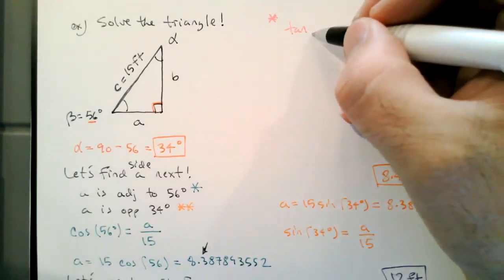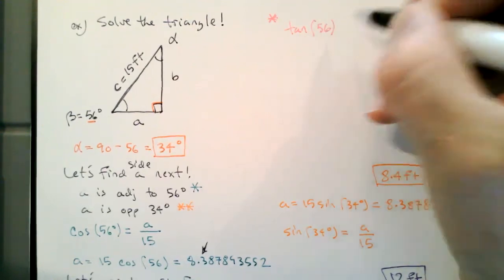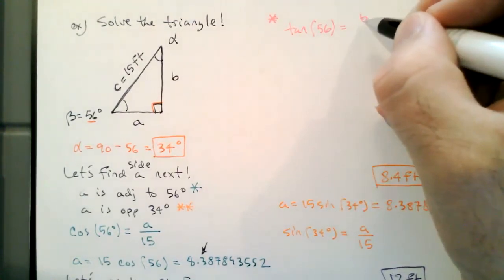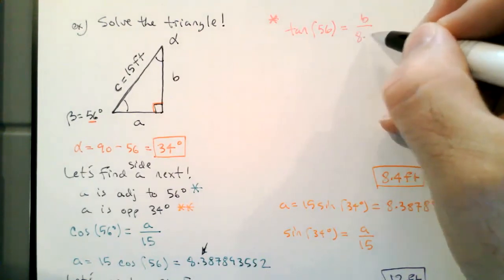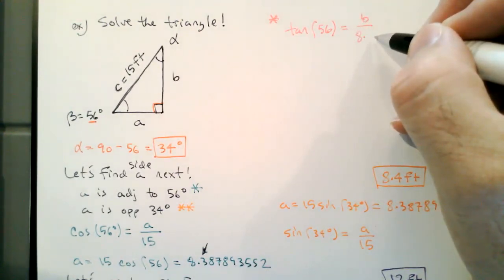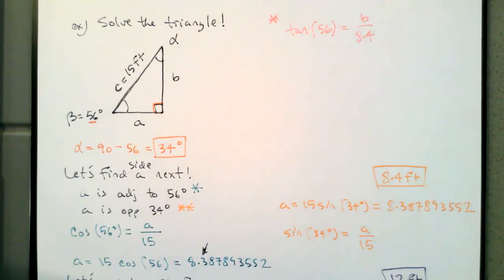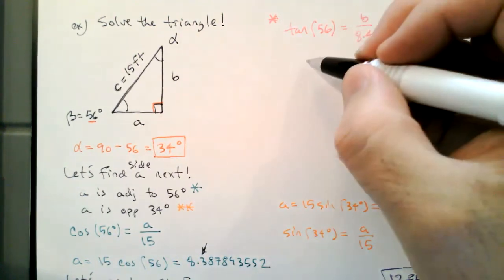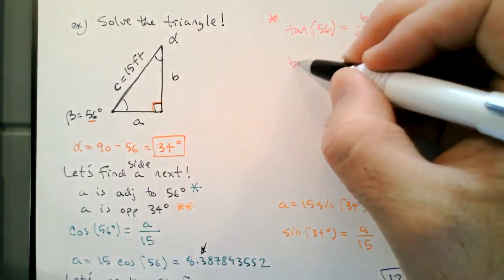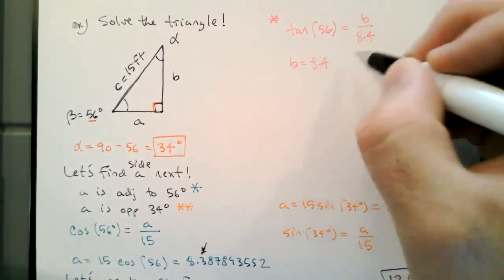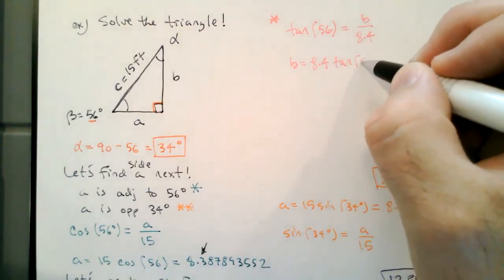So tangent of 56, where B is opposite 56, is opposite over adjacent, so that B is equal to 8.4 times the tangent of 56.